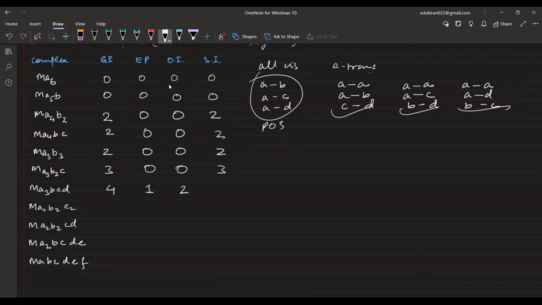Now, of these 2 optical isomers, one of them is already present in the geometrical isomers. So total number of stereoisomers will be equal to 5 only. So 4, and this 4 includes one of the optical isomers, and the other optical isomer is the mirror image of this all cis complex. So the total number of stereoisomers is going to be 5 and not 6.